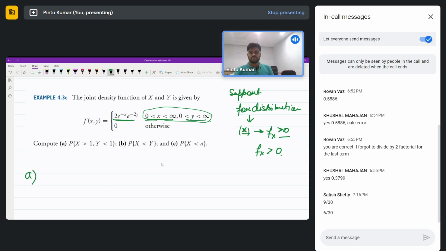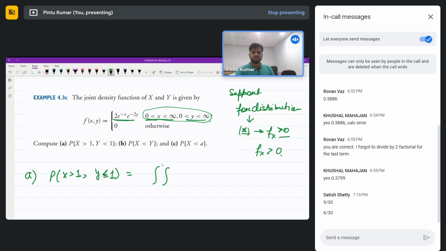So the first part is to calculate the probability that your x is greater than 1 and y is less than 1. Okay, this is simple, right? So you want to calculate the integration of this. This would be a double integration now. Earlier we had summation with respect to just one variable. Now we have two variables, so we'll have two integrations.